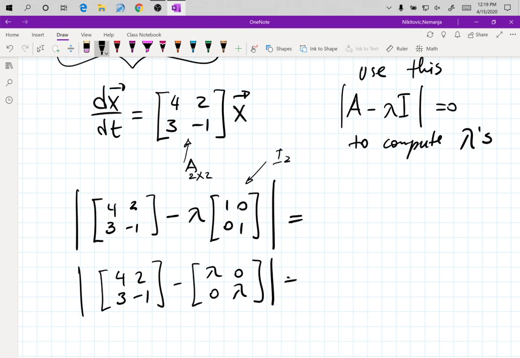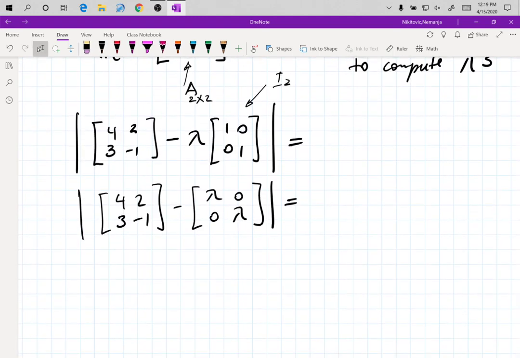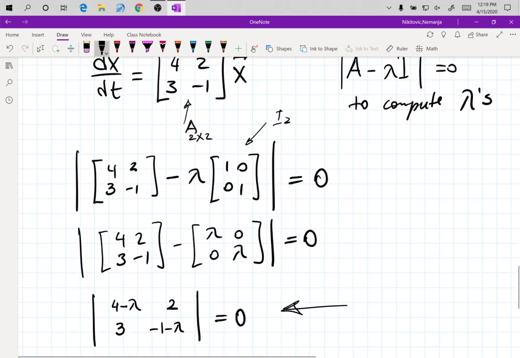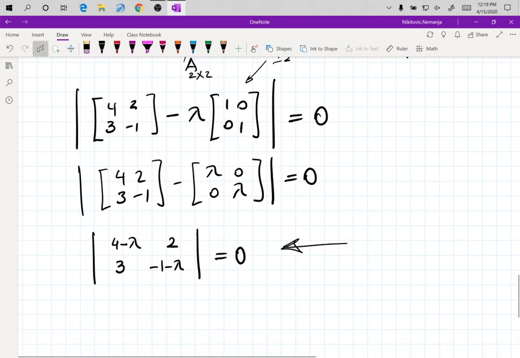You will be skipping all these steps later, but it's good to write them at least once. Matrix subtraction is done location by location, right? So we are getting 4 minus lambda, and then 2, and then 3, and then negative 1 minus lambda. Maybe I should write equals 0 every time. So it's complete. You will technically write this immediately because you see that you just subtracted lambdas on the diagonal. That's the case every time, right?